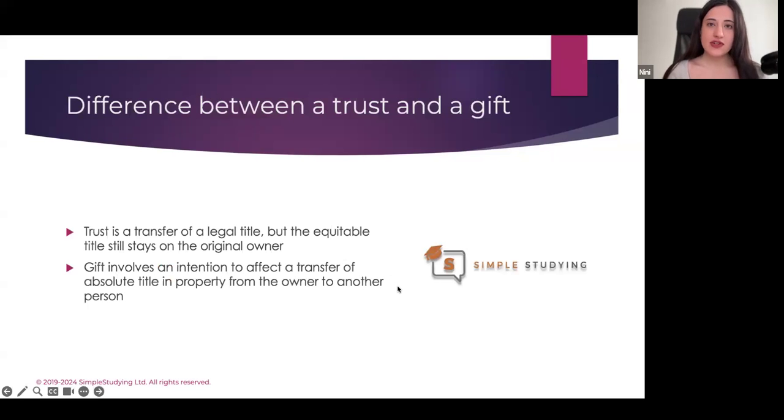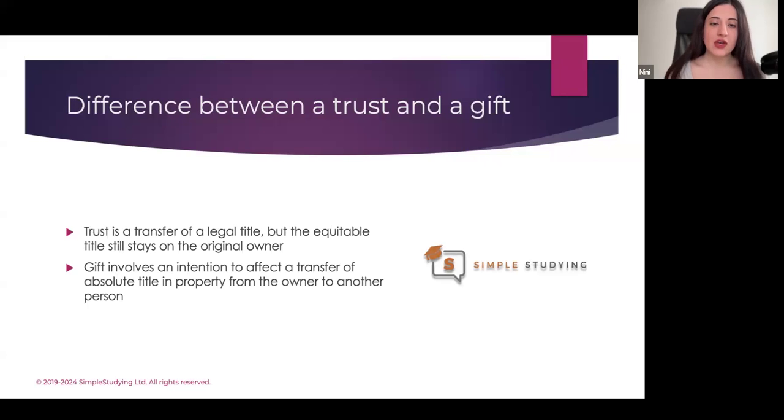The difference between a trust and a gift. So what is a trust? A trust is when legal title is transferred from one person to another, but equitable title still stays with the previous owner.